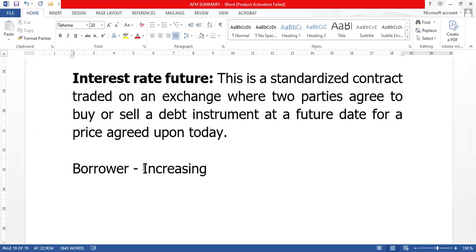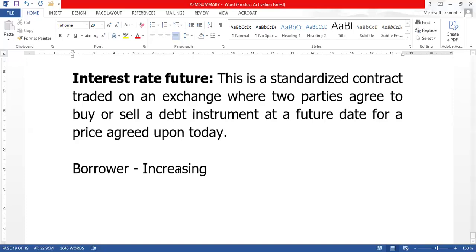So you enter into these agreements so that you can mitigate that risk. You minimize on the costs. If the interest rate rises, you will be covered by the contract.